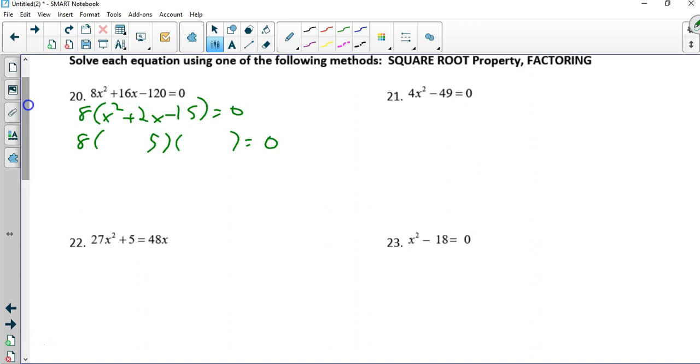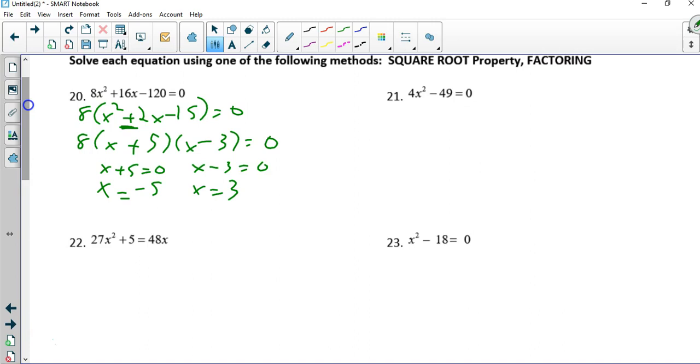Well, that's 5 and 3. Now remember, I want more positives and fewer negatives. Now I just set them both equal to 0, which you can see what that's going to be. x equals negative 5, x equals positive 3. Technically, if you're showing your work, of course, you put x plus 5 equals 0, x minus 3 equals 0, and so on.